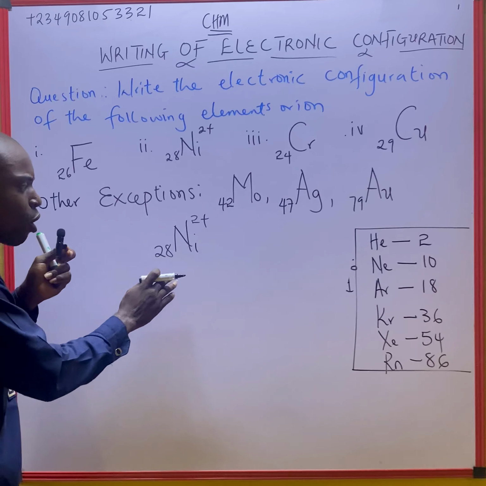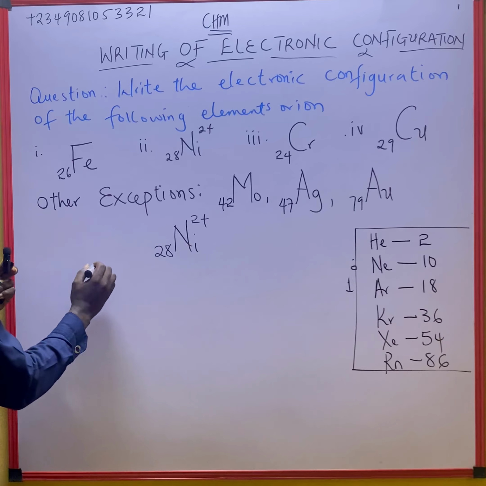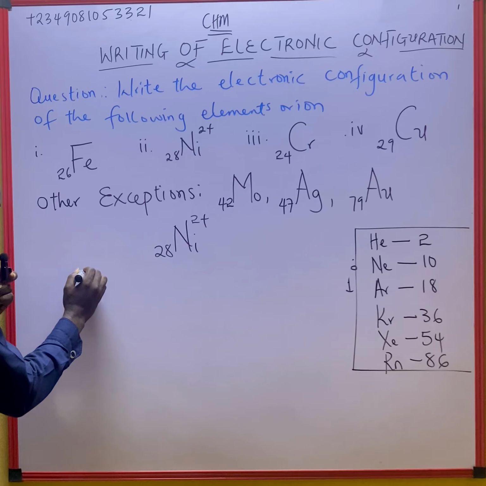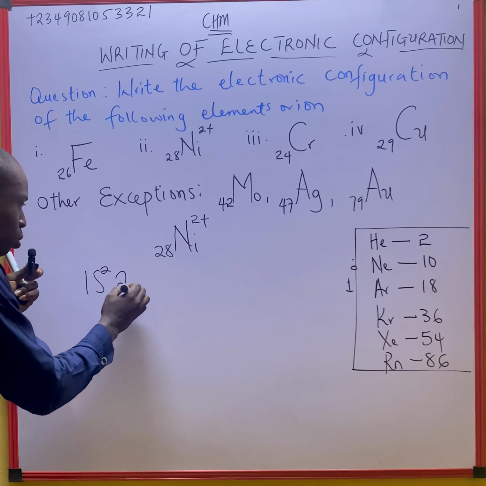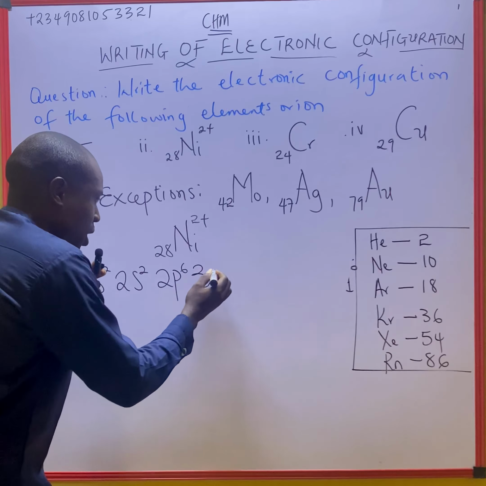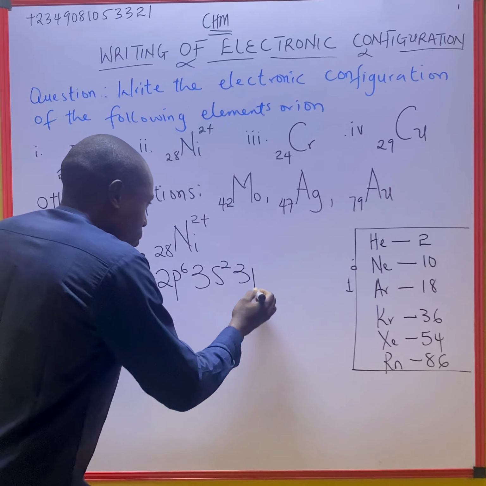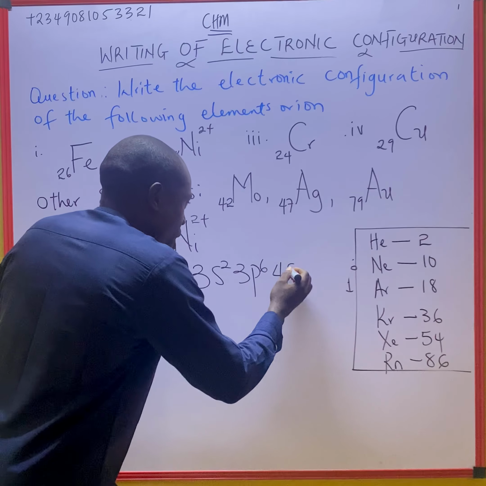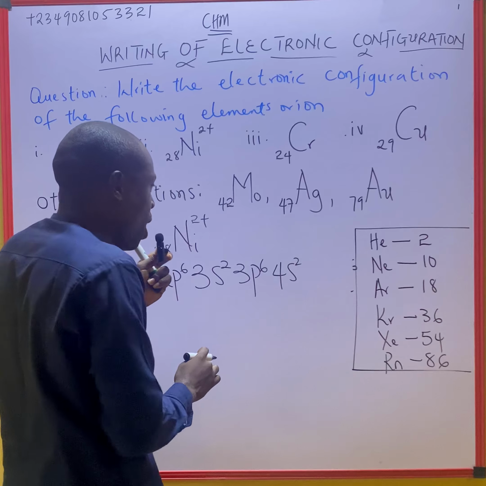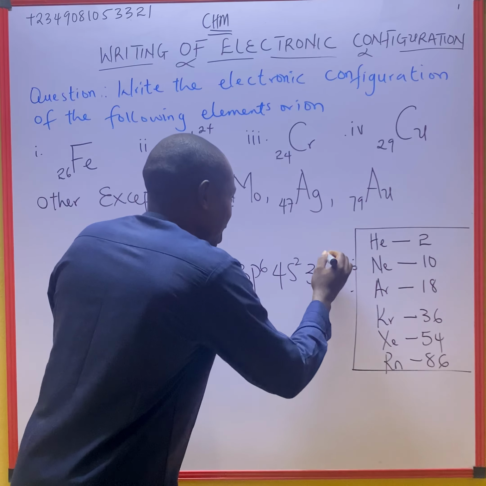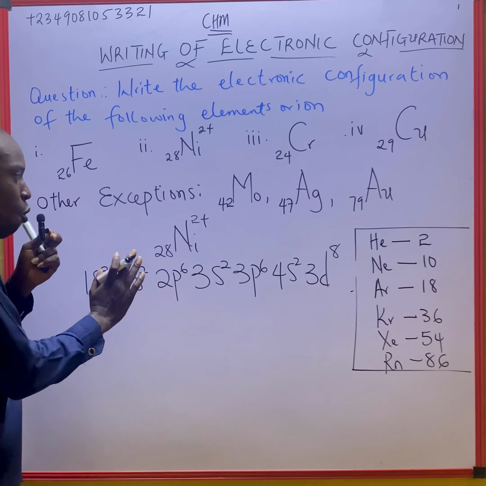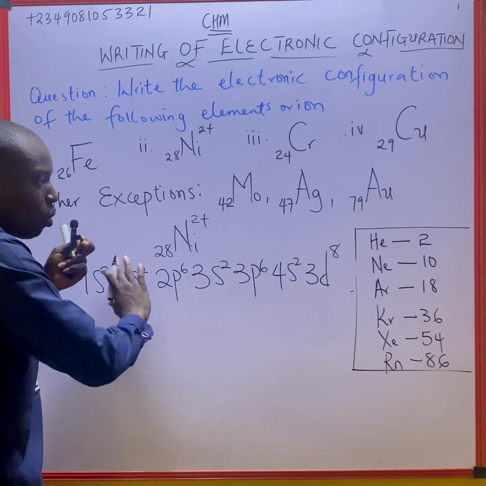If I'm to write the configuration for nickel, normally in the ground state, it ought to be 1s2, 2s2, 2p6, 3s2, 3p6, 4s2, 3d8. This is the ground state without the charge, which is 28.